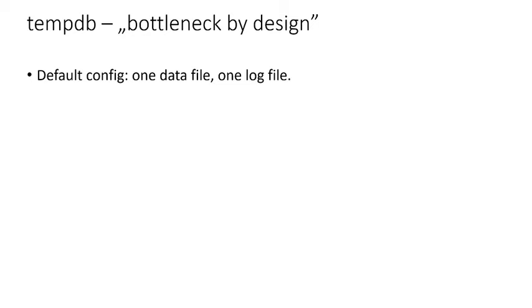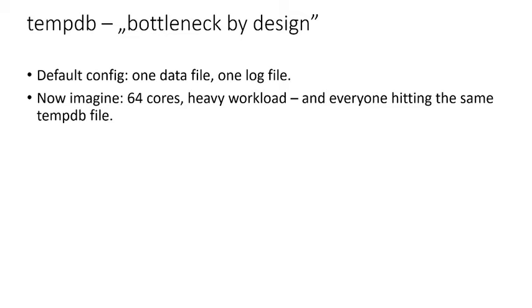The problem with this is that the default configuration is bad, as usual. The default configuration says that you have only one data file and one log file, the transaction log file, and within this configuration you have a lot of small objects. Now imagine a situation like this. It's not unusual: you have 64 cores, which is very typical right now, and you have a very heavy workload.